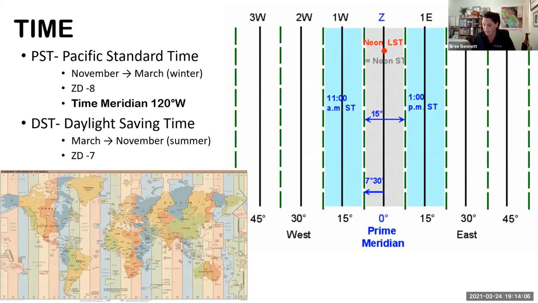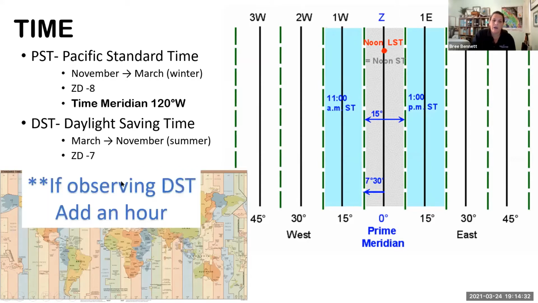It says local standard time, local daylight time, and that the time is adjusted for daylight savings time. This is the first time I've ever seen it say that. If it did not say adjusted and our time zones didn't match up, we would be adding an hour.